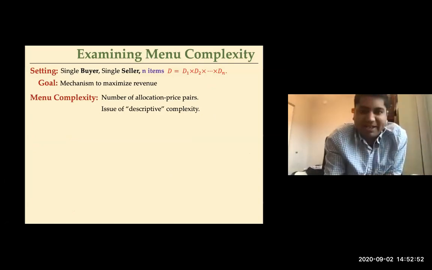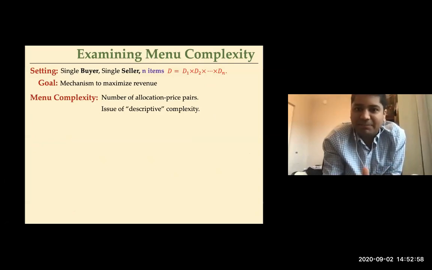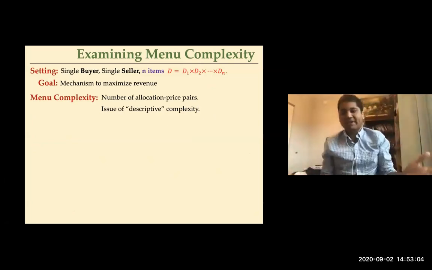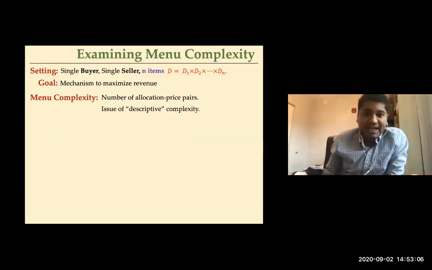Okay. So let me spend some time telling you a little bit, because there are lots of subtle issues. It took me a while to wrap my head around it myself. So let me try to see if I can convey this sense to you. So a priori, we describe a menu as just a list of allocation and price pairs, right? And we were measuring the size of the menu by the number of items in the list.